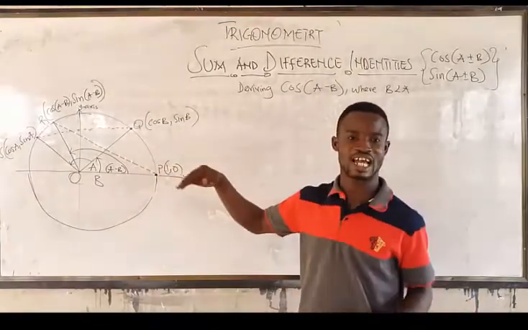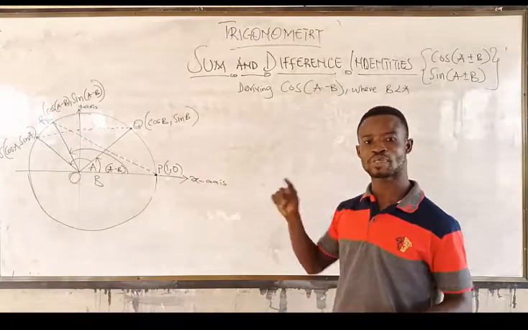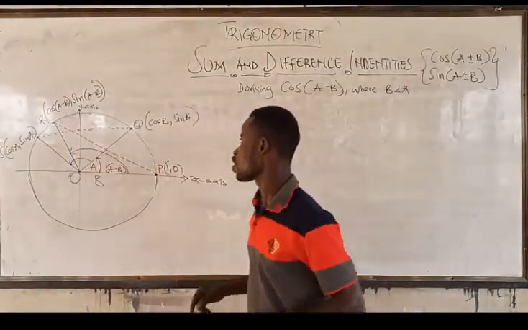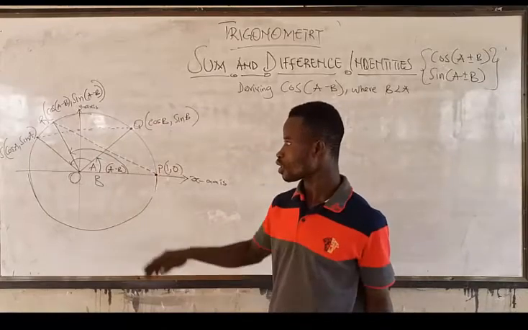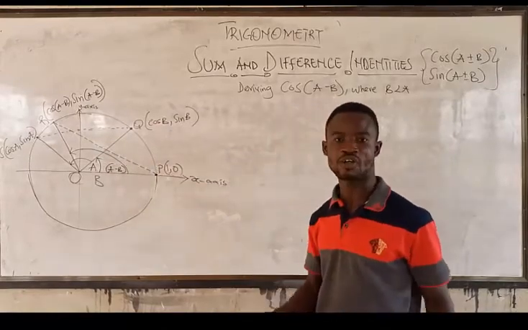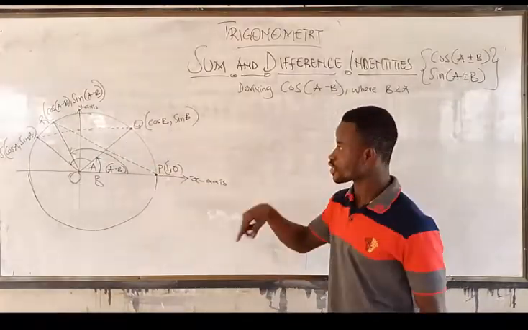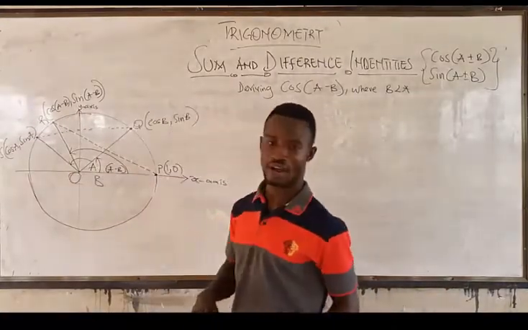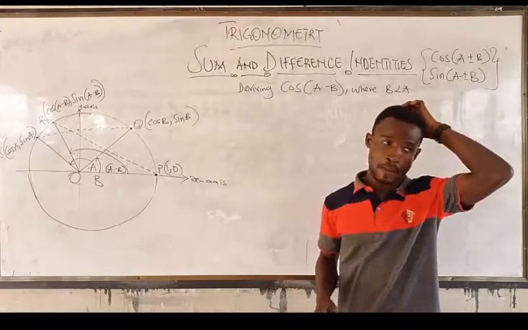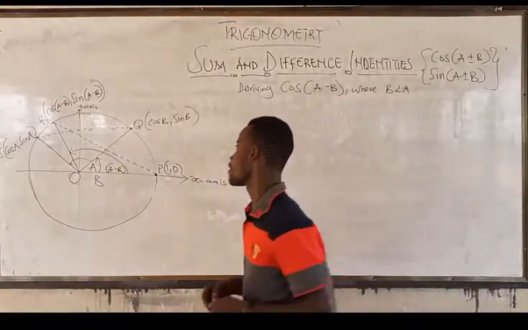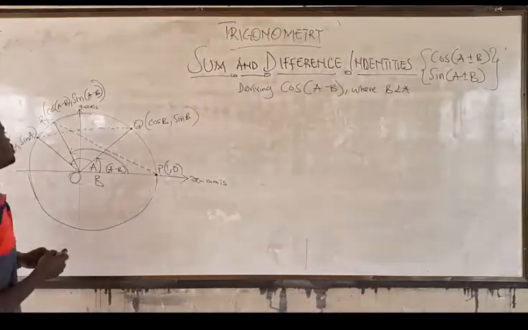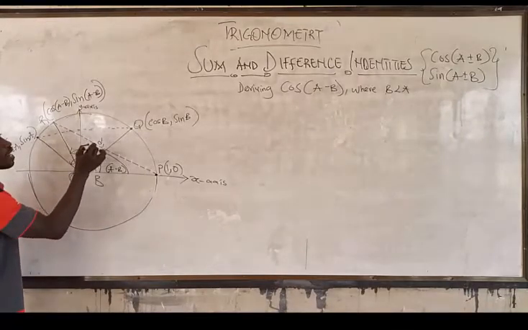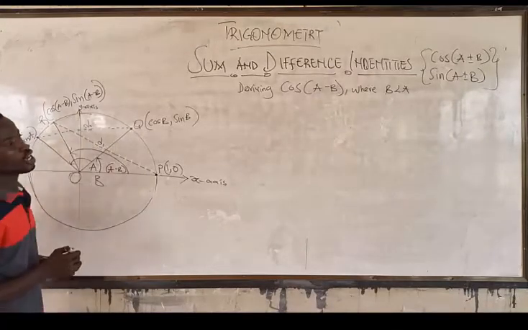Let's also look at the chord PR, or the length of PR, and SQ. Alright. By distance formula, note that we can locate D1 here and locate D2 here.